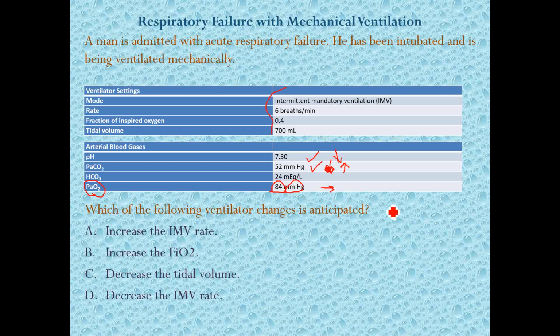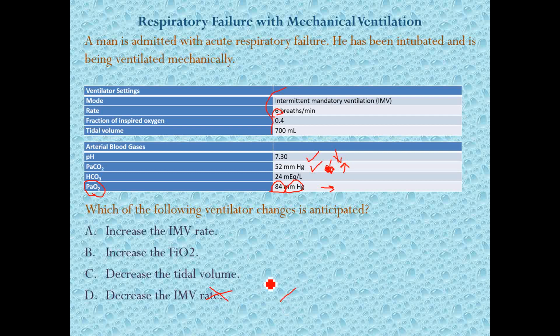What do we do to change CO2 or to remove CO2 in this instance? Well, we want to breathe deeper and or faster. So decreasing the IMV rate, the intermittent mandatory ventilation, means that we would decrease the 6 breaths to, I don't know, 5? Well, no, we know that's going to just cause more retention of CO2.